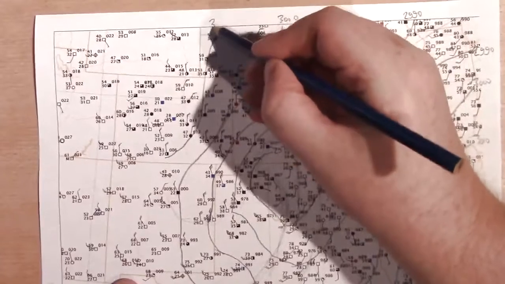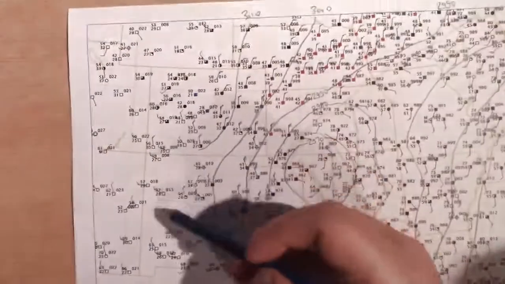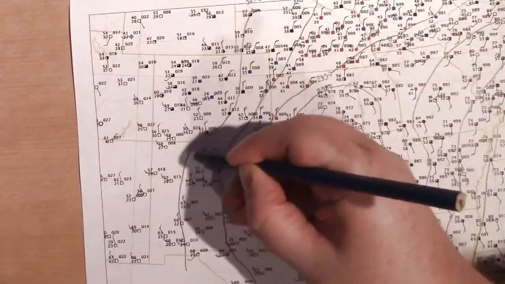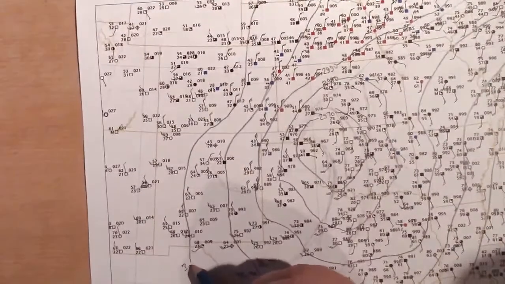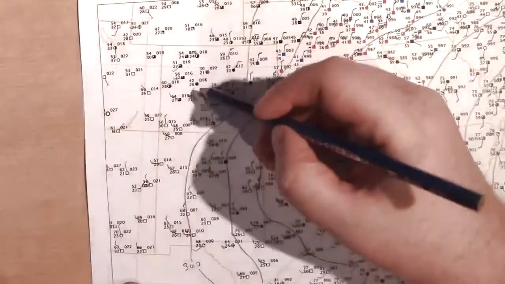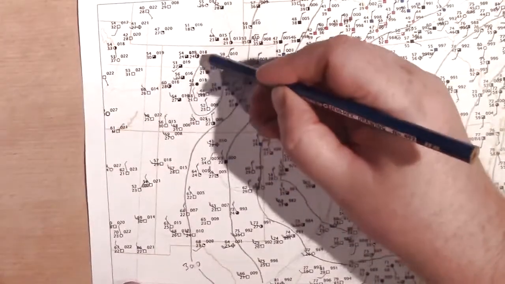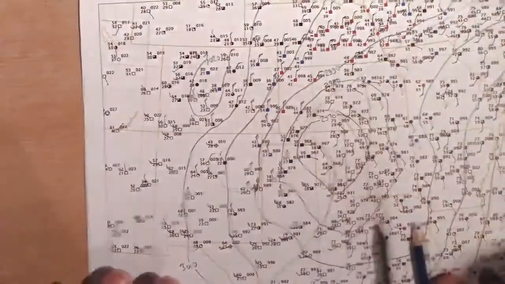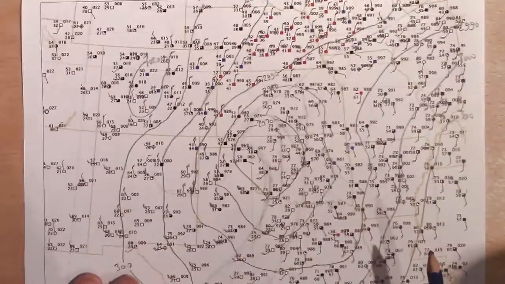So there's 3010. 3010 looks like it comes all the way down to the El Paso area. And then we have a 3020 in the mountains here. Okay, and that's good for the Rockies there.